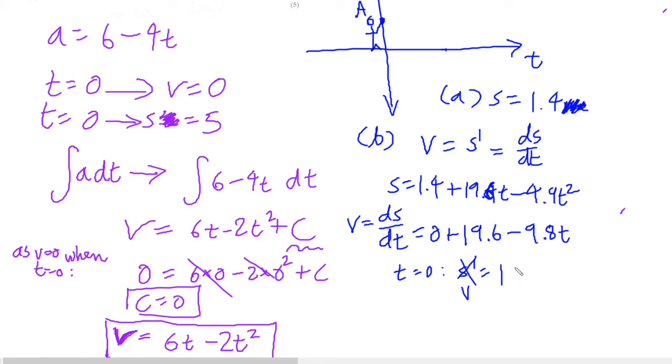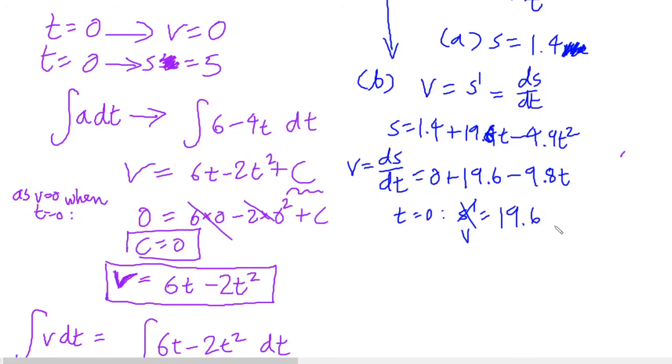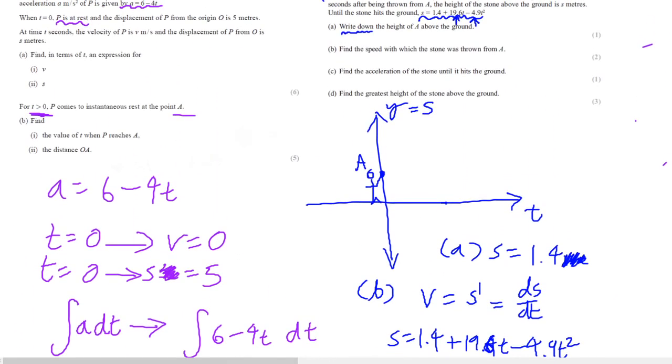So velocity is 19.6 meters per second. We want a speed, not a velocity. The speed is the entire quantity, 19.6 meters per second. And instead of seconds to the power of minus 1, you can also write meters per second with the slash or fraction sign representing a per.